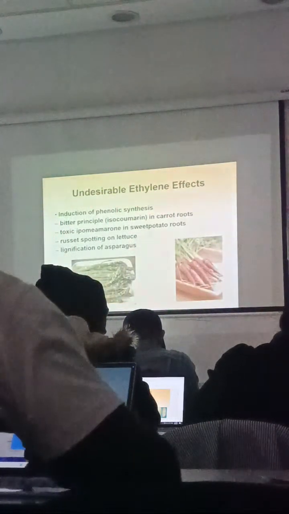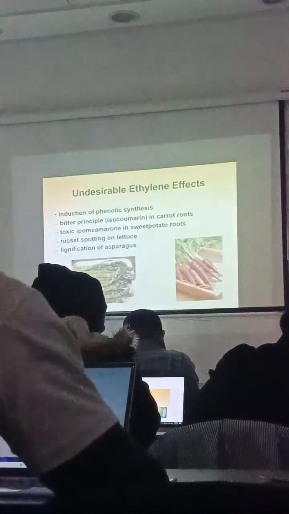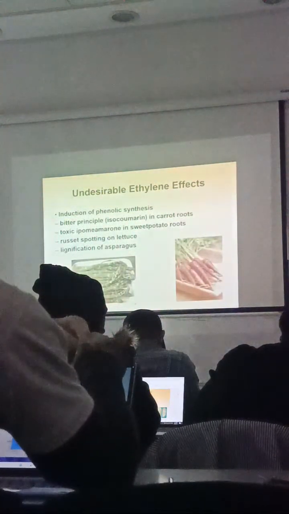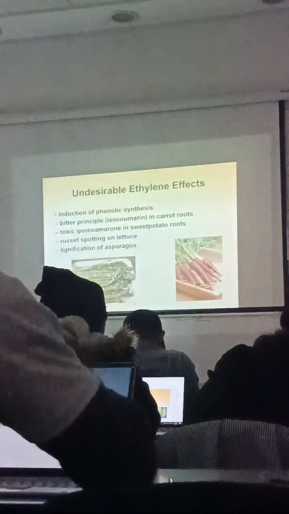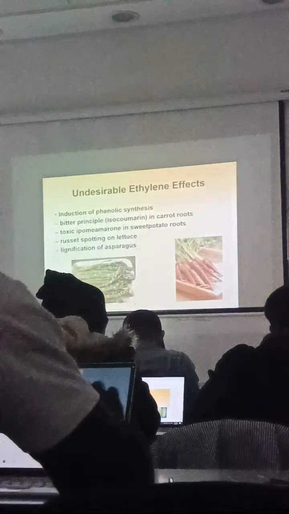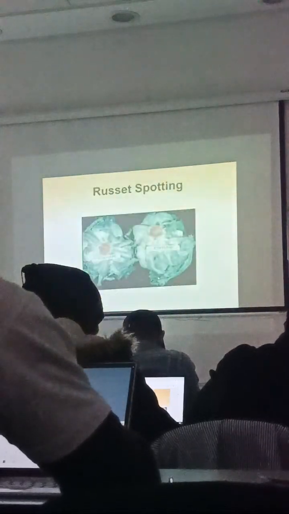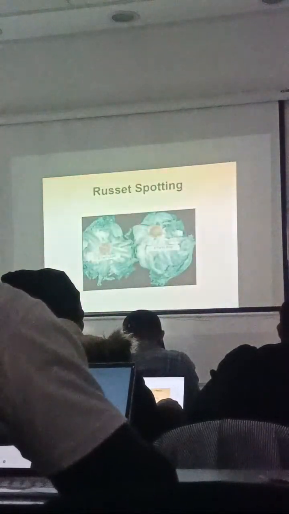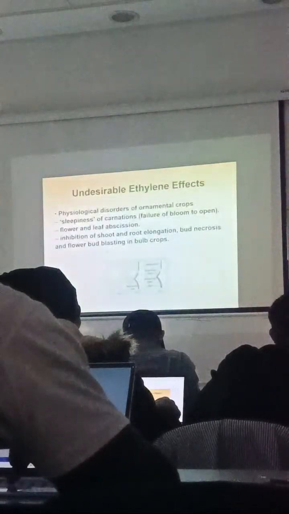For example, in carrot it is the isocoumarine, and in sweet potato it is ipomeamarone. Okay, in asparagus it makes lignification, and russet spot on lettuce, not good. Here is the russet. You see, it's more russet. And we don't see so much difference.